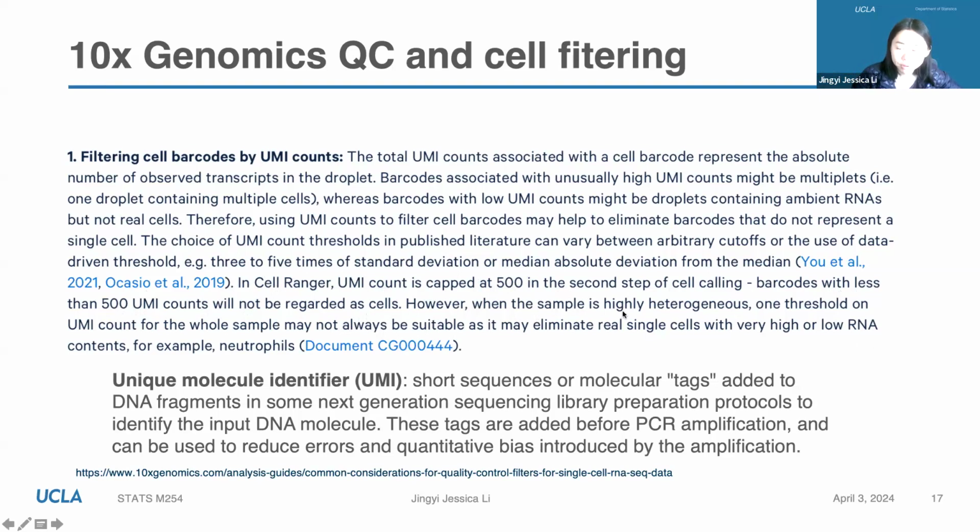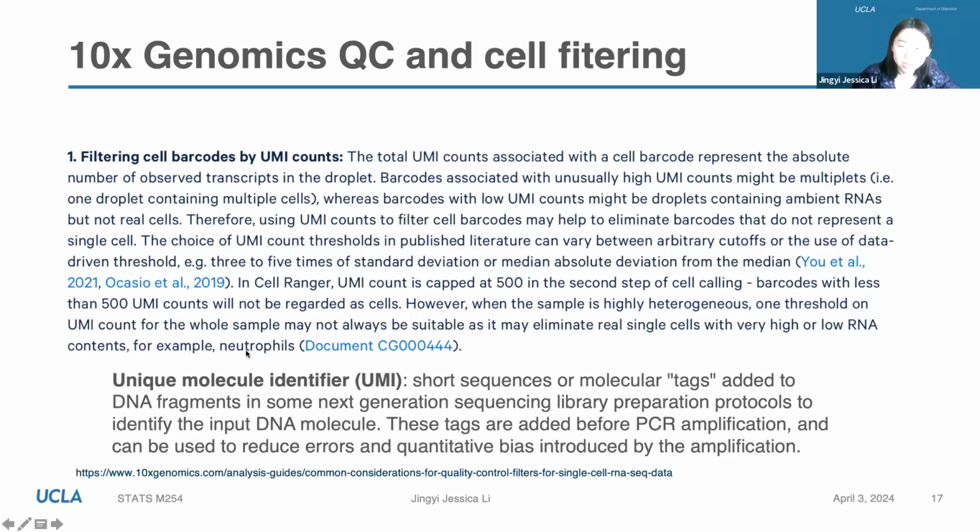However, when the sample is highly heterogeneous, one threshold on UMI count for the whole sample may not always be suitable, as it may eliminate real single cells with very high or low RNA contents, for example, neutrophils. What this suggests is that you need to really understand your data.